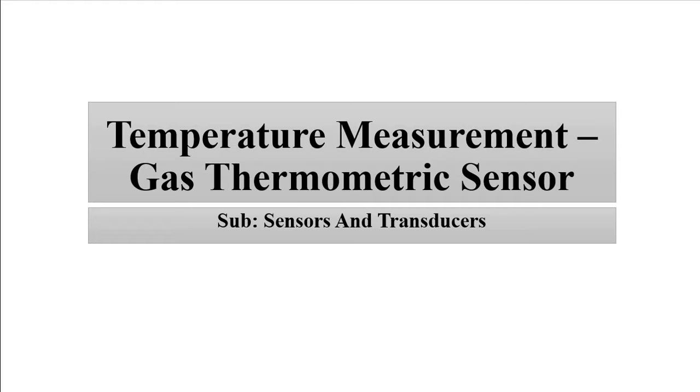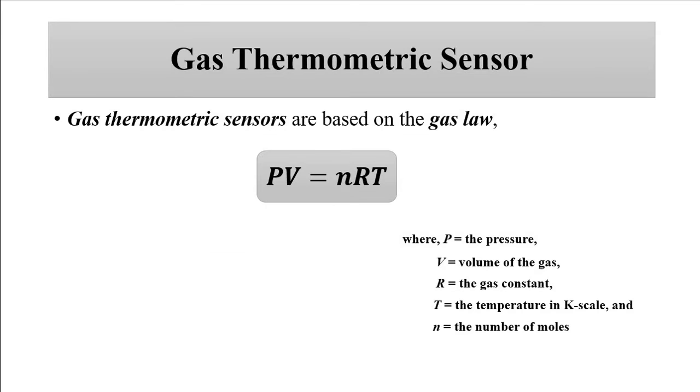The gas thermometric sensor is based on the ideal gas law, which is PV = nRT, where P is the pressure, V is volume, n is the number of moles, R is the gas constant, and T is the temperature.